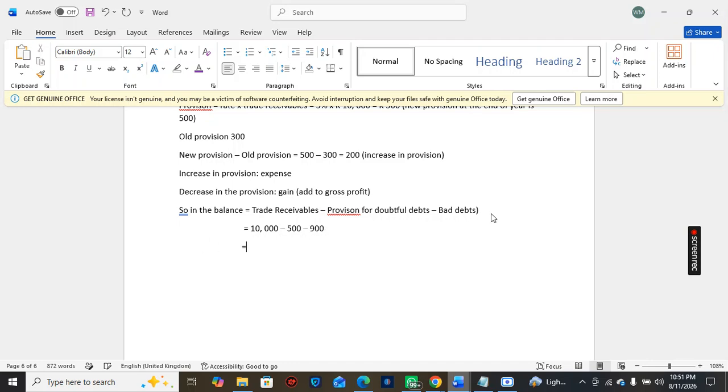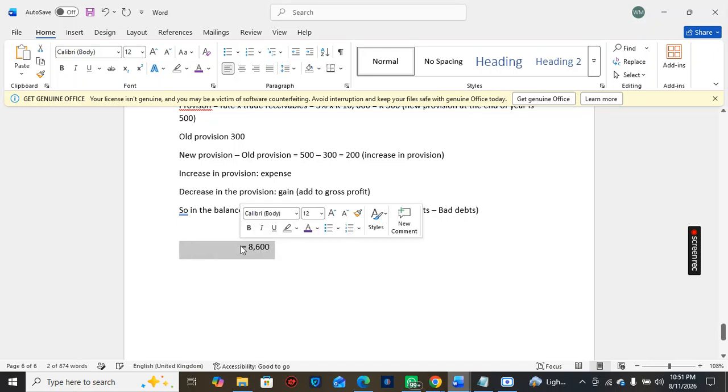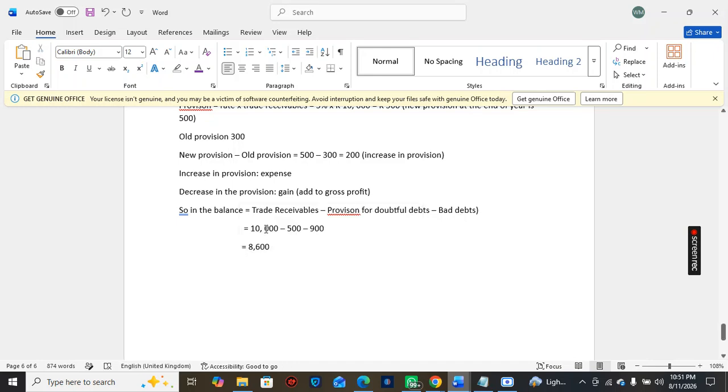So I'm going to say 10,000 minus 500 minus 900, 8,600. So in our balance sheet under trade receivables, you have to put 8,600. Any questions before I now make the statement of profit or loss?